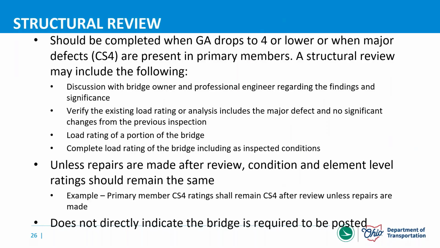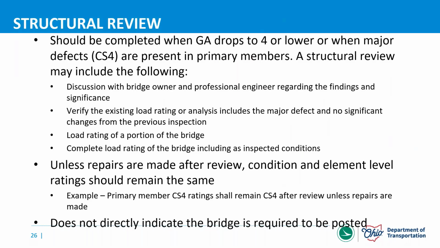So a key bullet point here is different than how we were operating when we first implemented element level. This is mainly for those doing element level. Unless you have made a repair or added capacity to an element, condition and element level rating should remain the same even after a review.